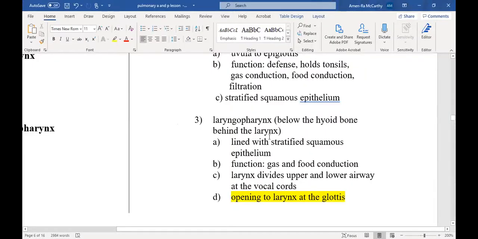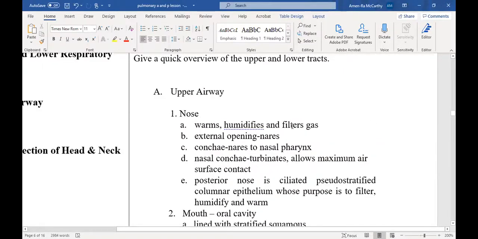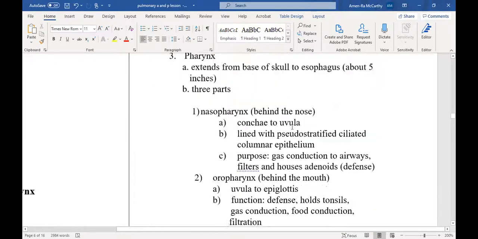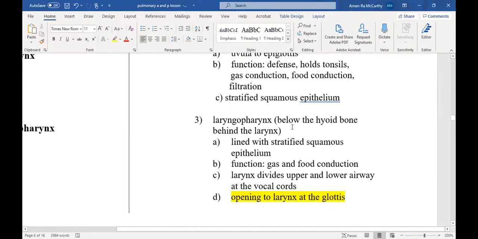It's lined with the stratified squamous epithelium. The function of it is to gas and what? Food conduction. Oh, the laryngopharynx, because we're still talking about the what? Upper airway now. I went back to the review. Upper airway, when we talk about the laryngopharynx, it also not only moves gas, but it also helps you move food, right? Food conduction. Which way is the food trying to go? To the what?